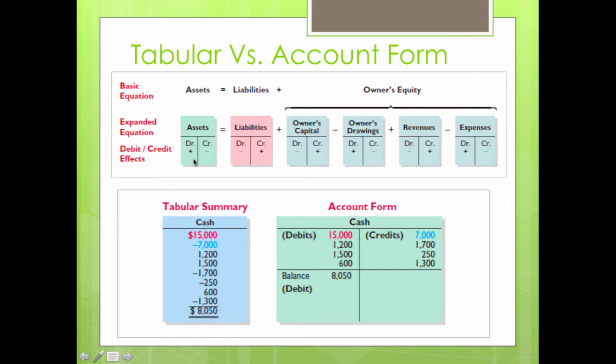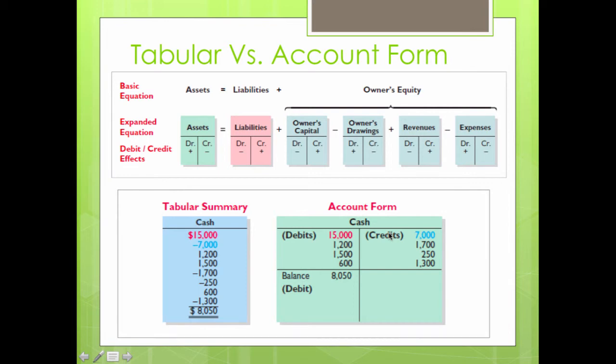So translating this information from tabular form to the accounting form, we document this $15,000 on the left side of the T account, or a debit. Notice that your debit and credit rules show this T account for assets, and this is the T account for cash. You want to increase money, you debit it. You want to decrease money, you credit.